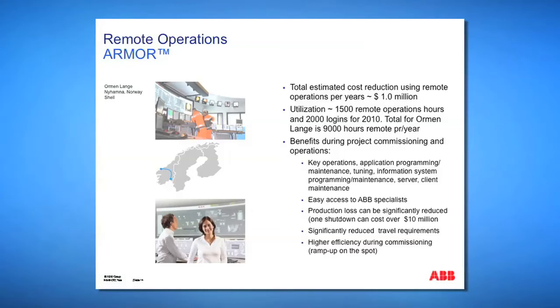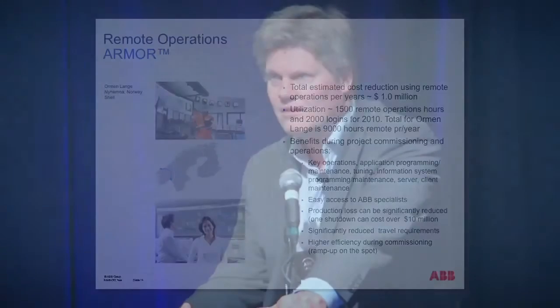What it comes down to is the utilization. And as you see, we have 2,000 logins from the armor room into the plant per year. So that means roughly 6 times per day on average, right? So 6 times per day our expert staff is logging onto the plant to solve some problem or having some interaction with the control room and the process.